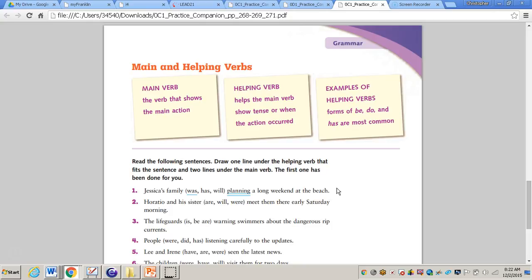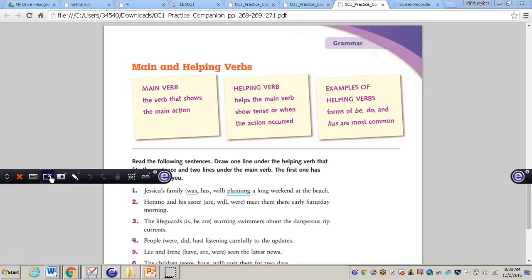So for number 1, we can see Jessica's family was planning a long weekend at the beach. Okay, so we can see was would be the correct helping verb. We would underline that once. Planning will be the main verb. We'll underline that twice. Now let's take a look at number 2 together.